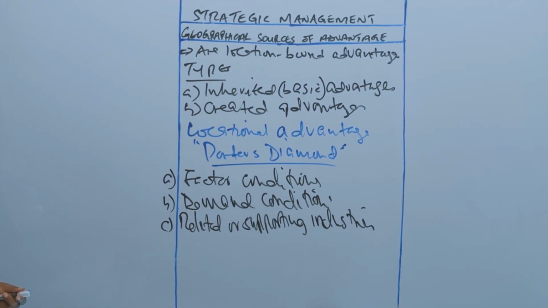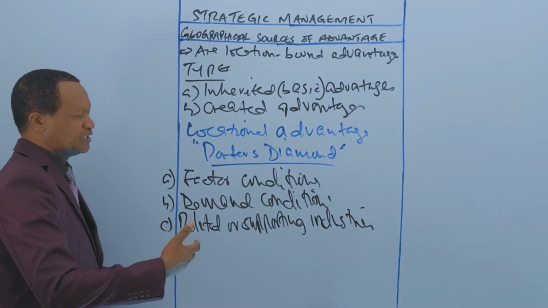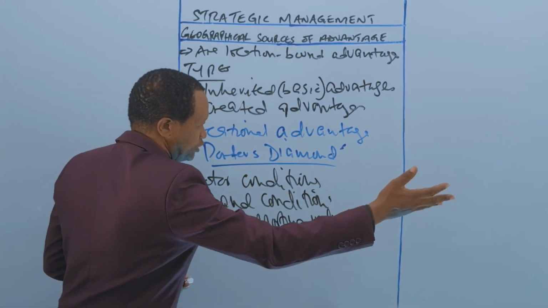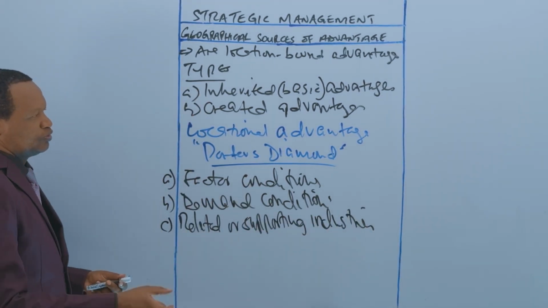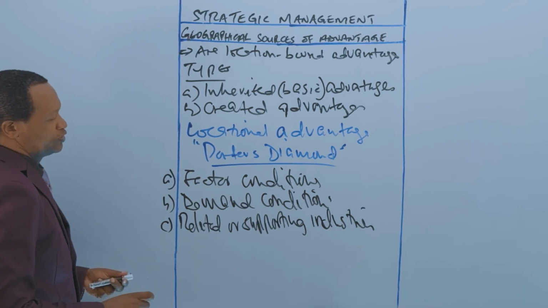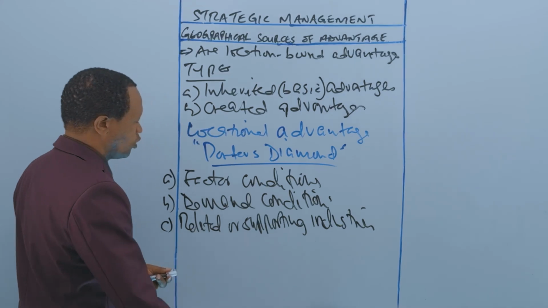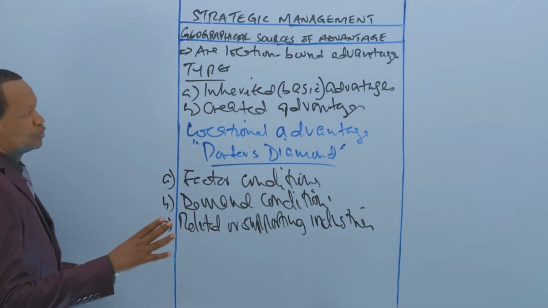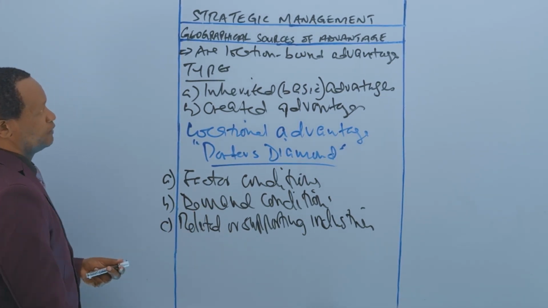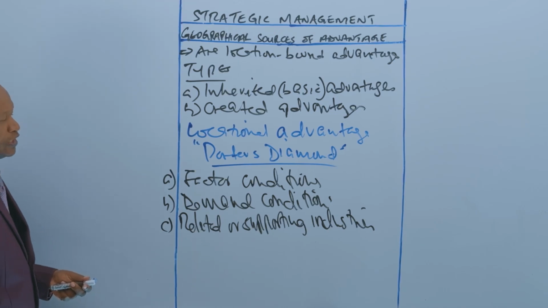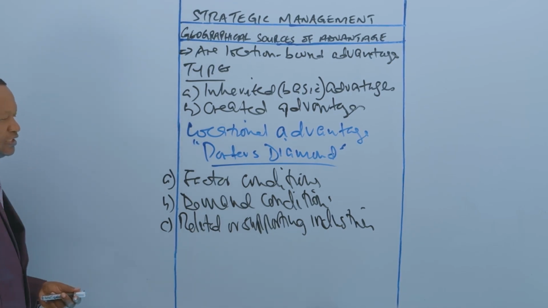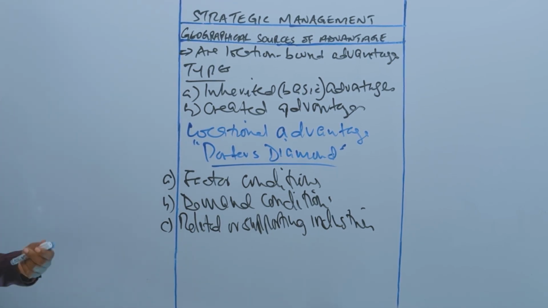Innovation happens faster, for example, when your partner or your supplier is just next door. If you are operating in a physical location that has access to the raw materials that you require, then that can push you towards achieving what we are calling location-bound advantages, related or supporting industry.